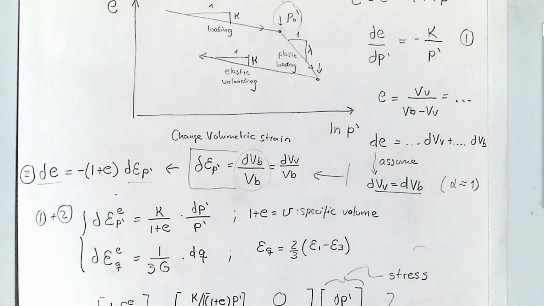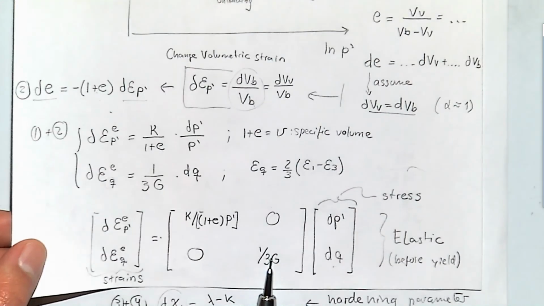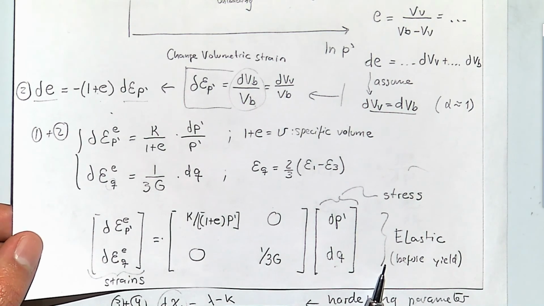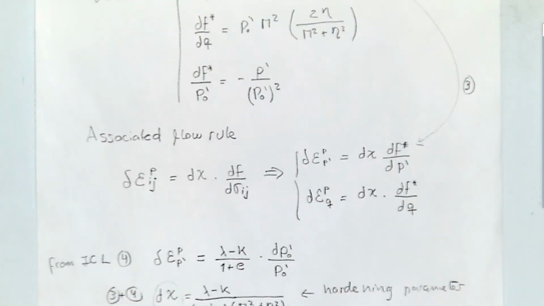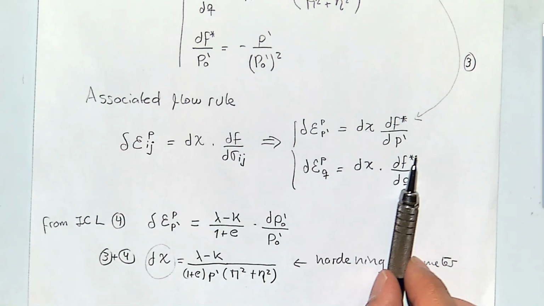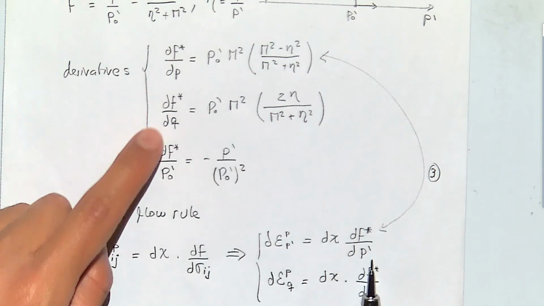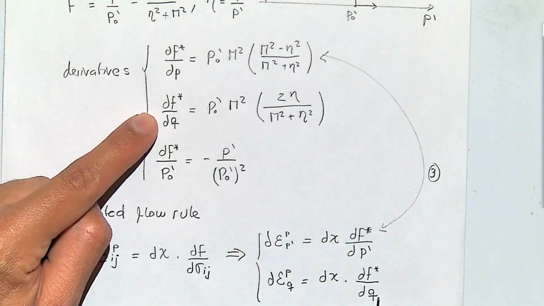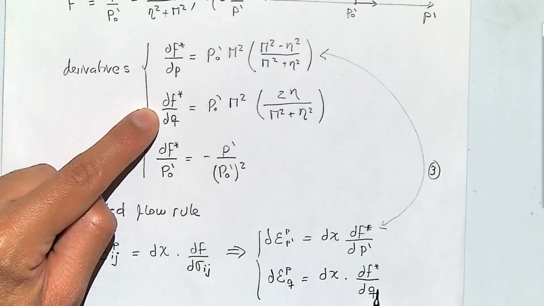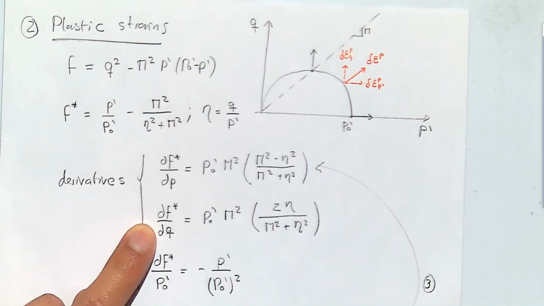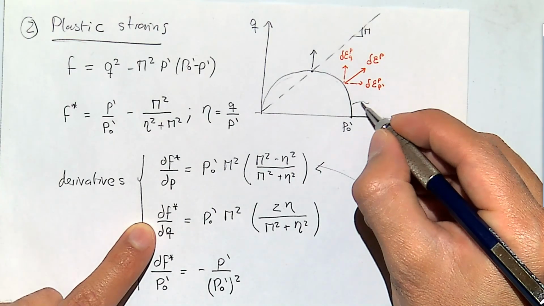Our objective now is to get a similar matrix for the plastic part. And we have the equations, so we know what these derivatives are. Can you remember what F is again? Yeah. F is a yield surface. Yield surface, right?